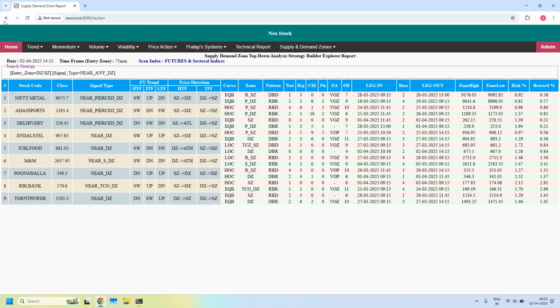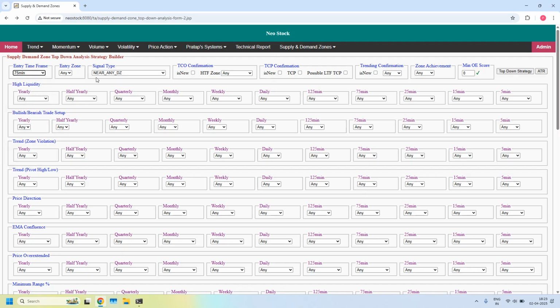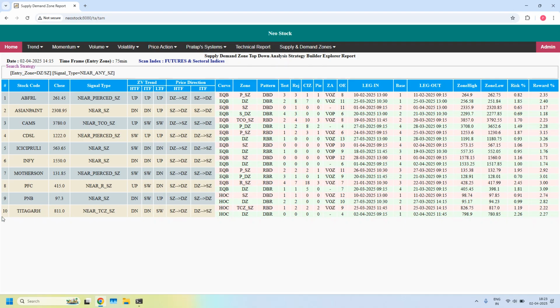Okay, next 75 minutes time frame, stocks near 75 minutes supply zone, we got 10 stocks. Let us identify high liquidity supply zones from this list.